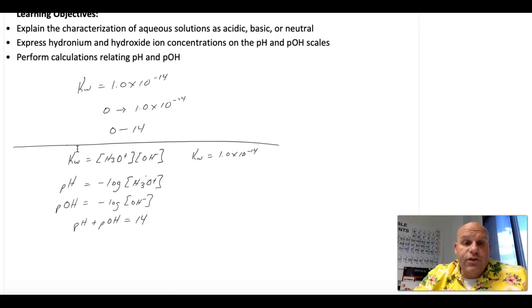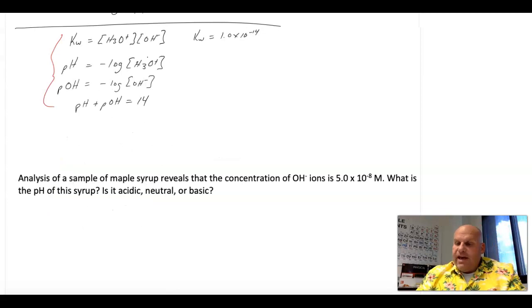Take a second to make sure that you have these four equations, relationships copied in your notes. I have added an example problem down below, but before we get to that, I want to point out the relationship between the concentration and what you're solving for: pH and the H3O plus, and the OH minus and the pOH.